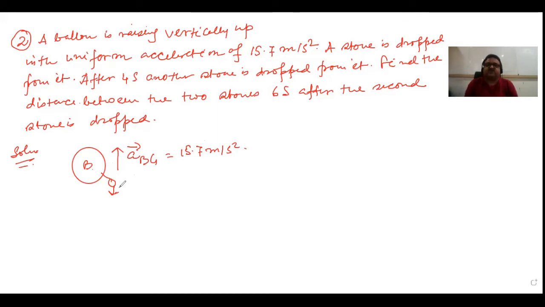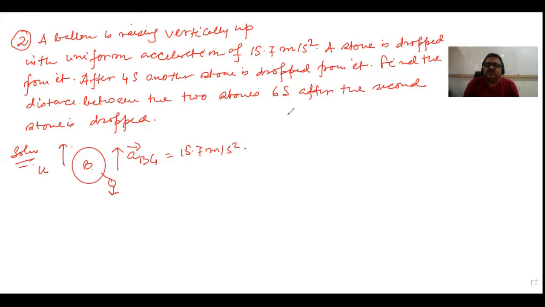Correct? Because, say for example, at the moment the first stone is dropped, the balloon is having velocity, say, u. Because of inertia, this stone which was dropped from the balloon also has the same velocity u in upward direction.